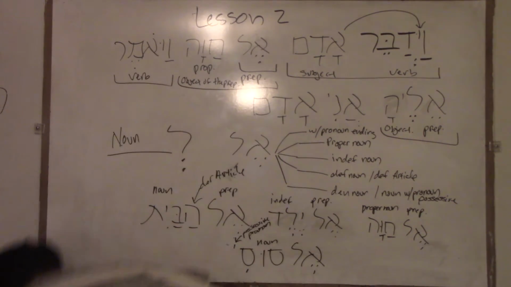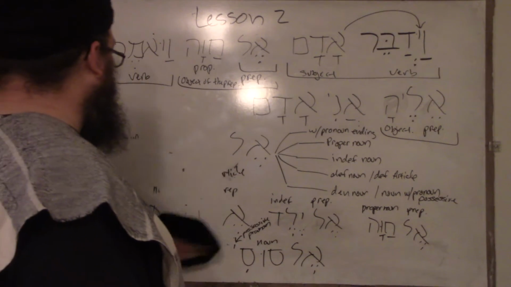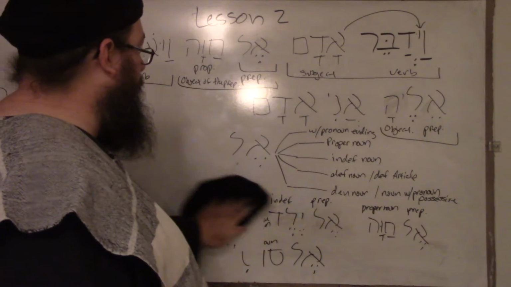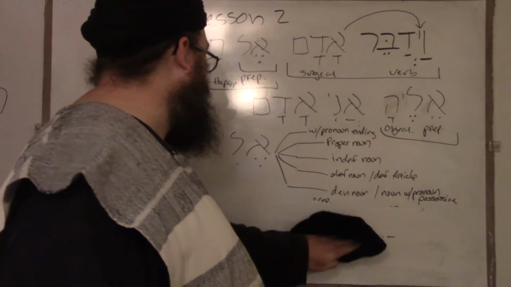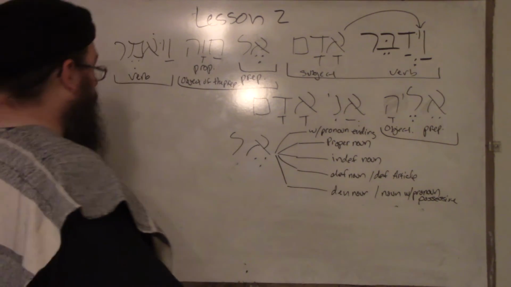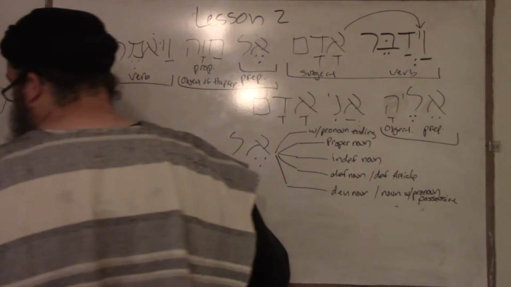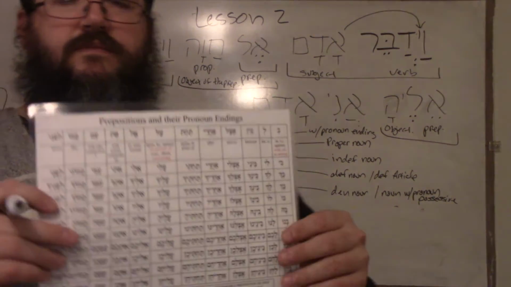Which means here, I'm going to actually take my preposition L, and in this, I'm actually going to attach a pronoun to it. And so what we have is a chart like this.